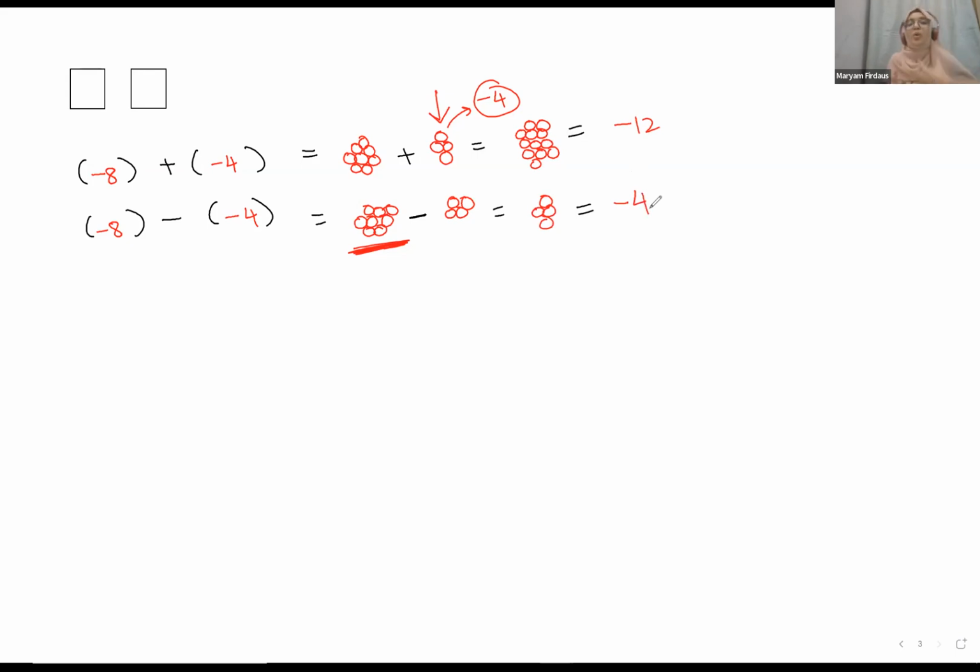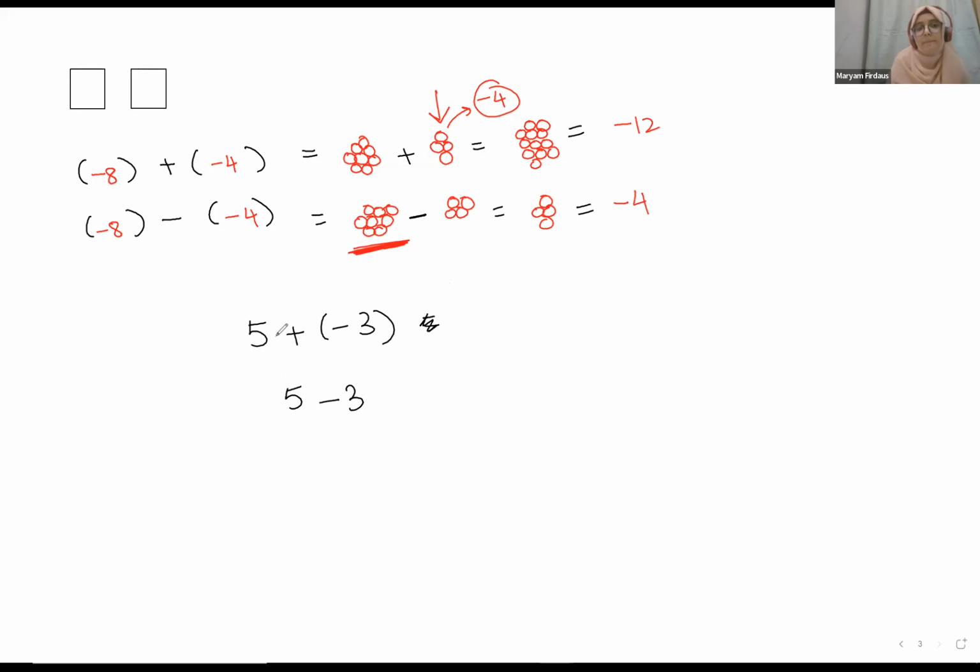Yes. So from this activity, what we've understood is that if you have, let's say, 5 plus a negative number, let's take -3, this becomes 5 minus 3.